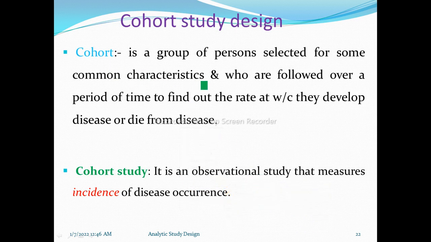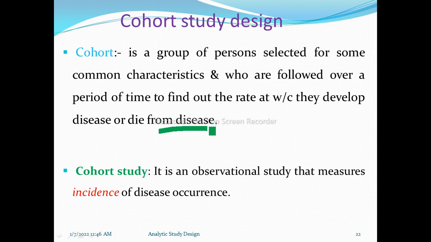Cohort is a group of persons selected for some common characteristics and who will be followed over a period of time to find out the rate at which they develop disease or die from the disease. So when we say cohort, it means a collection of people who have common characteristics.